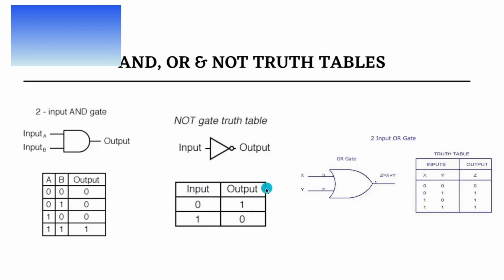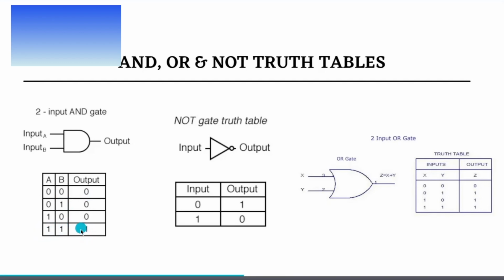Okay, so how can we define this AND gate? If both the inputs are 1, the output will be 1. If any of the inputs is 0, the output will be 0. If we take 0 as false and 1 as true, we'll say if both the inputs are true, then the output will be true for the AND gate.